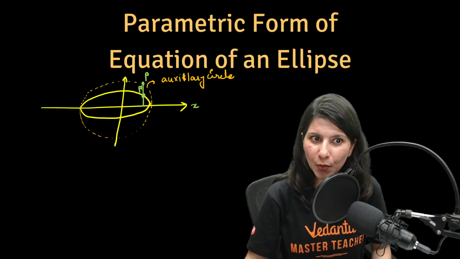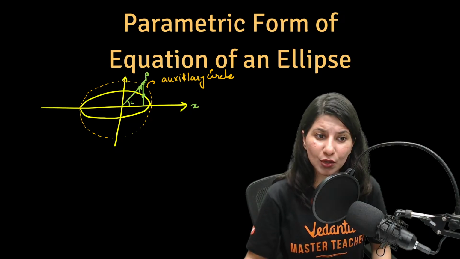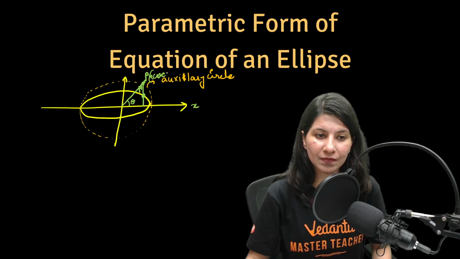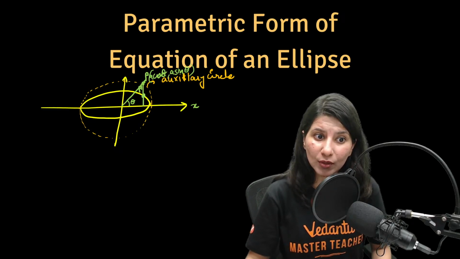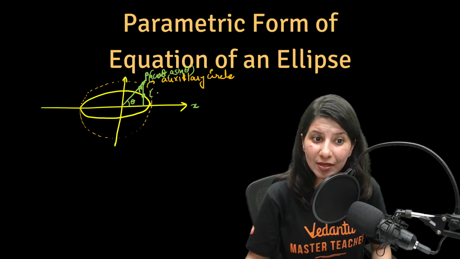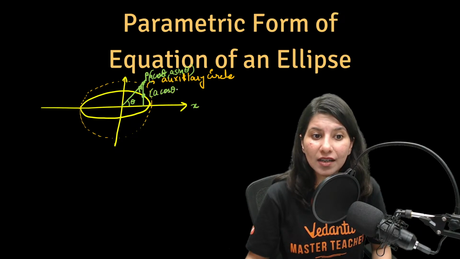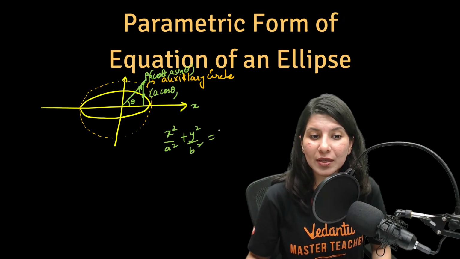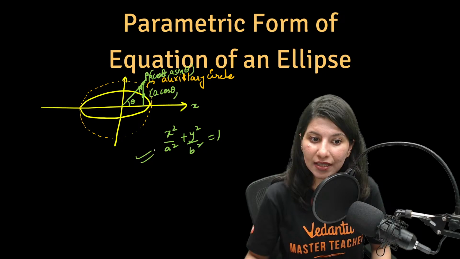Now if I talk about point P, do you remember the parametric form of a circle? A cos theta, comma, A sin theta. Corresponding to that, P dash coordinates will be A cos theta, comma, now the ellipse equation comes into the picture, x square by a square plus y square by b square equals 1. Can I put A cos theta in this?